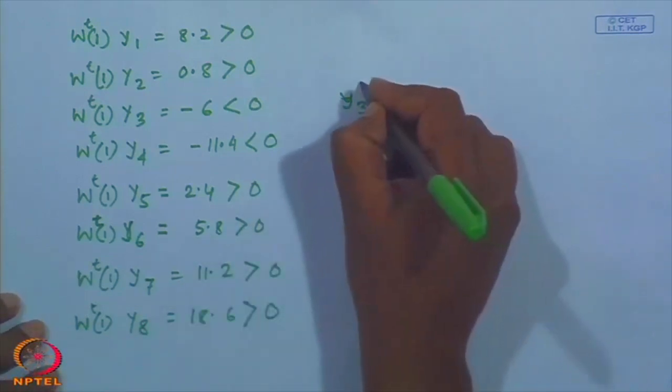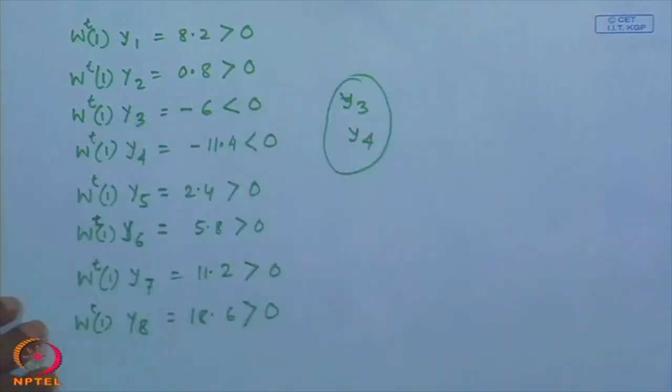So, I have to consider this y3 and y4 to get my W2, that is the weight vector to be used at the next iteration.